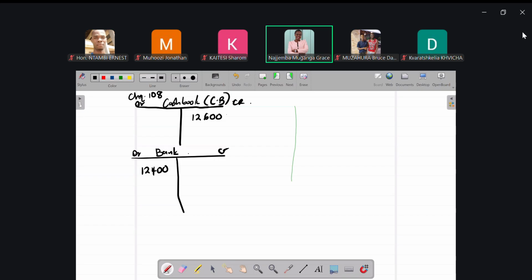Information states that any other error is deemed to have been made by the cashier and the bank figure is correct. That means they should have posted 12,400 in the cash book, but they made an error and posted 12,600. Which error is this?